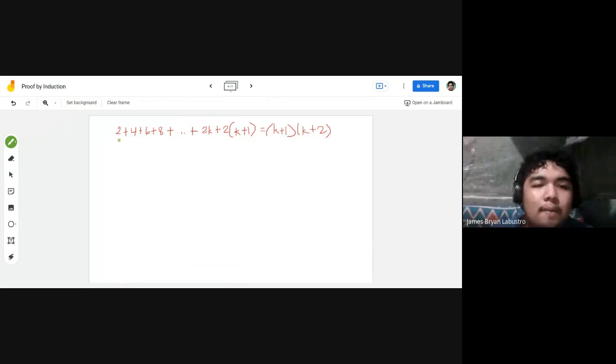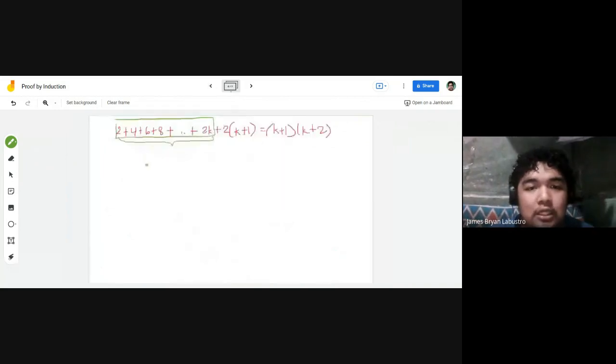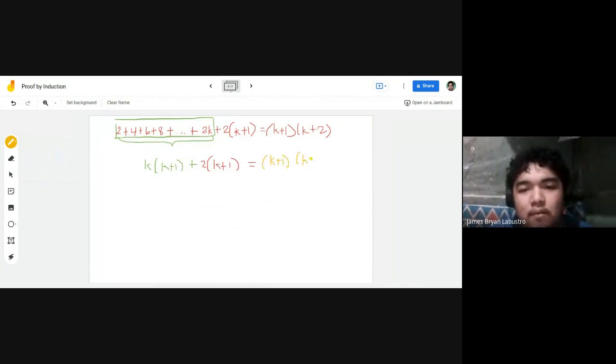Remember that I said that from 2 up to 2k, we let this statement be equal to k times k plus 1. So k times k plus 1 plus 2 times k plus 1 equals k plus 1 times k plus 2.